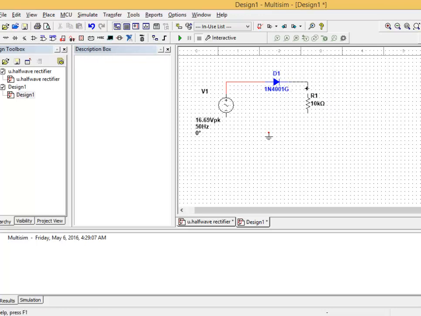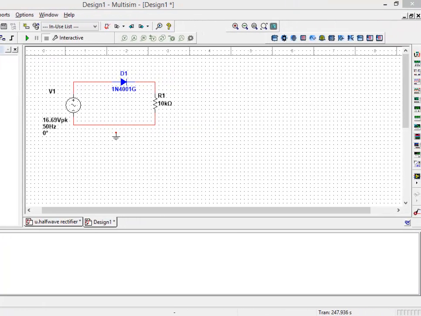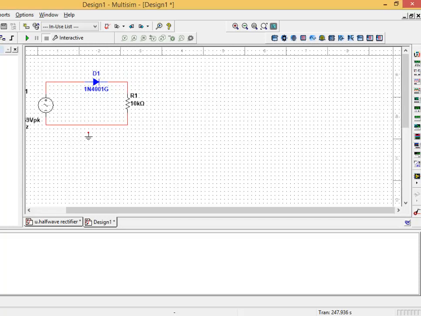The other end of the resistor meets the negative terminal of the AC source. We have to connect an oscilloscope across the resistor.